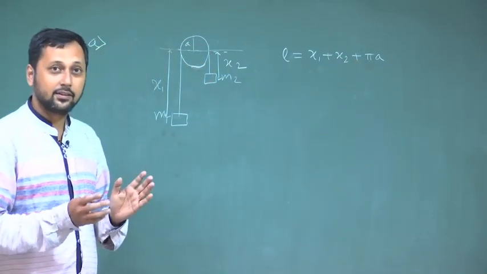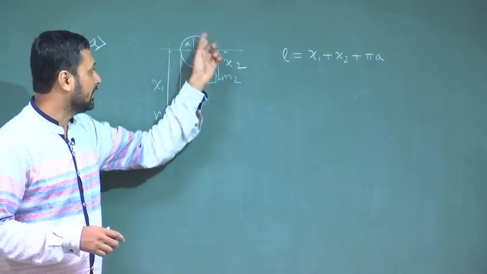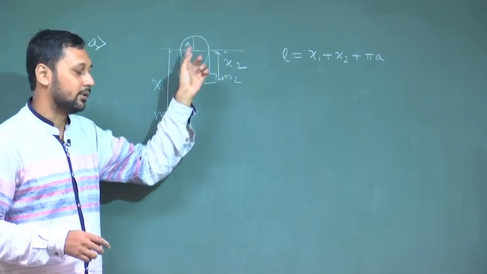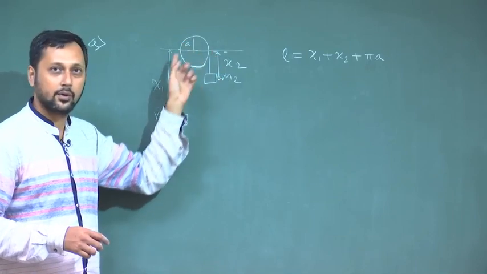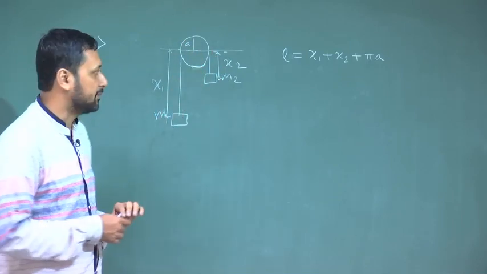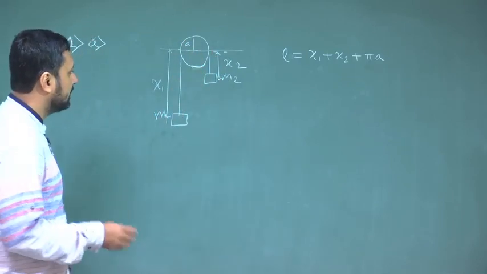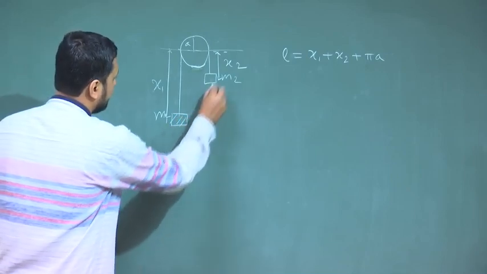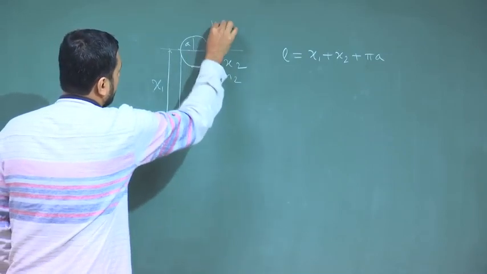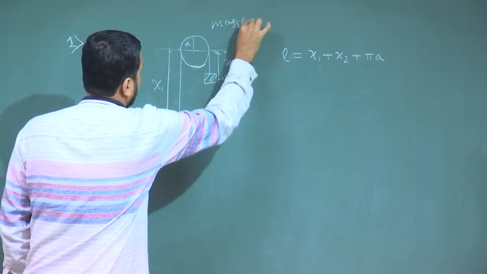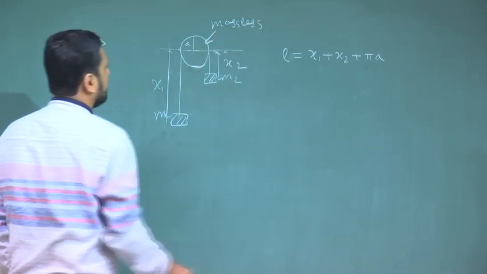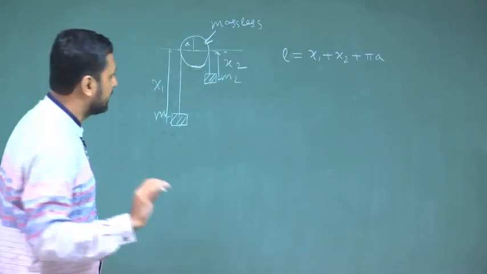If we consider that the pulley has mass, then we have to take the angular momentum or the rotational energy into account, and then this will have some effect. But right now we are considering that there are only 2 masses in the system, m1 and m2. The pulley is massless, and the string is also massless.